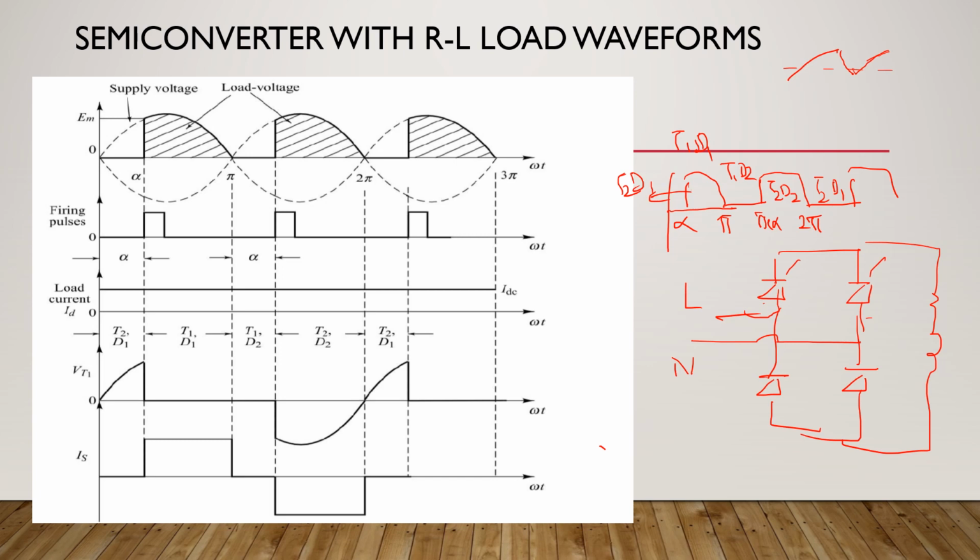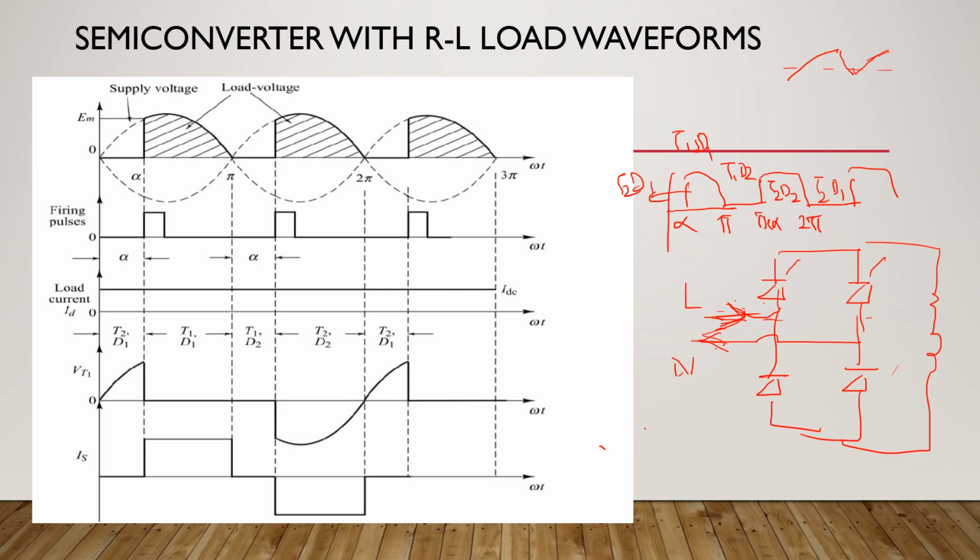We know that from alpha to pi the current was flowing. How do you draw the supply current? Supply current is there when it starts from L, goes through the devices and returns back through N. So N is the return path. If the current starts from L and returns through N, we consider the supply current to be positive.